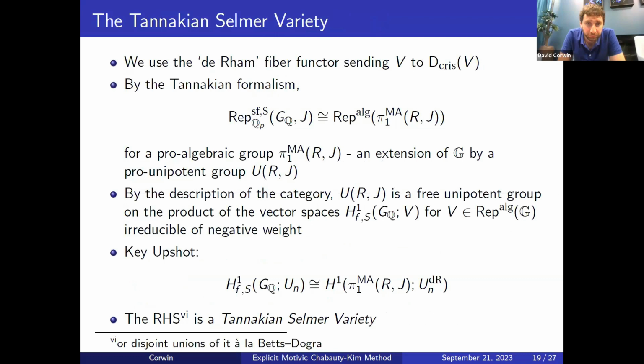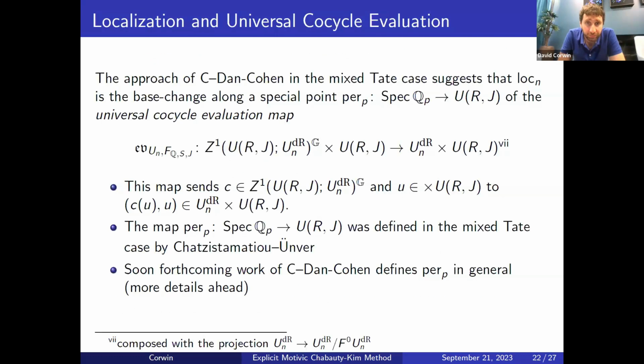So, okay, well, you might think that for the map loc_n, you have to do something p-adic. You're really taking some global Galois cohomology, and then you're taking some p-adic specialization as well as doing some p-adic Hodge theory.